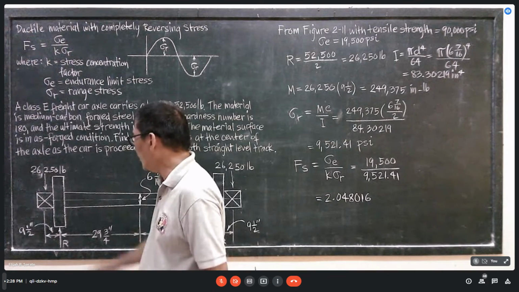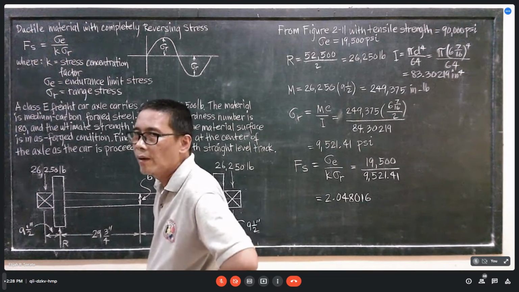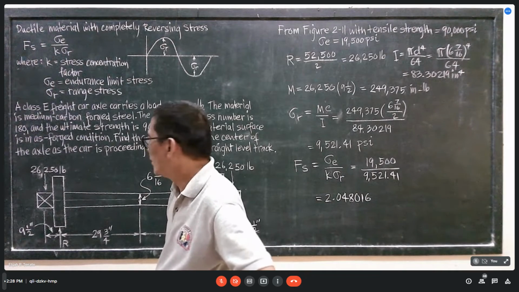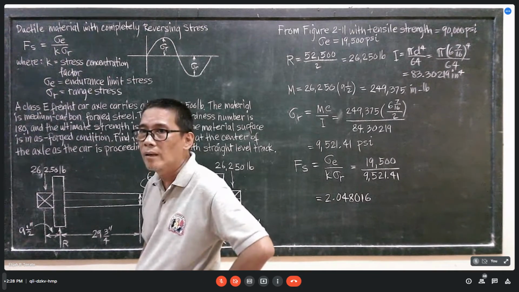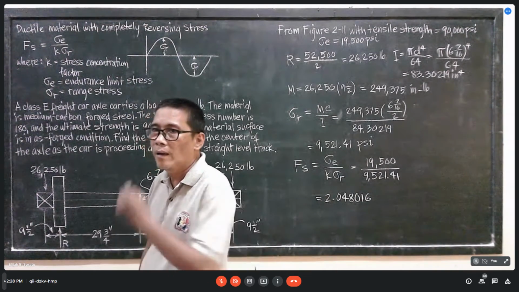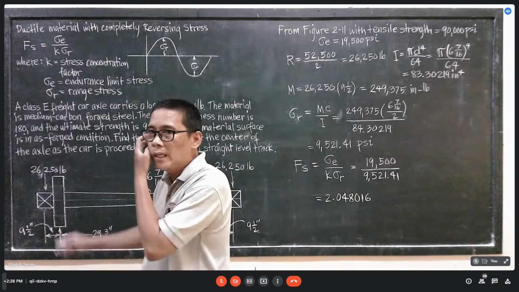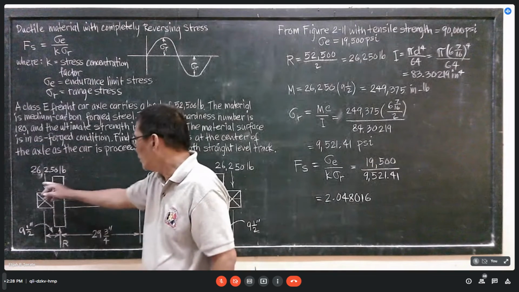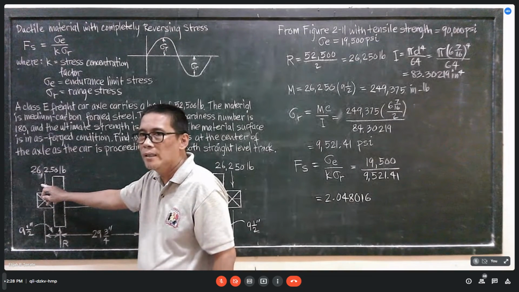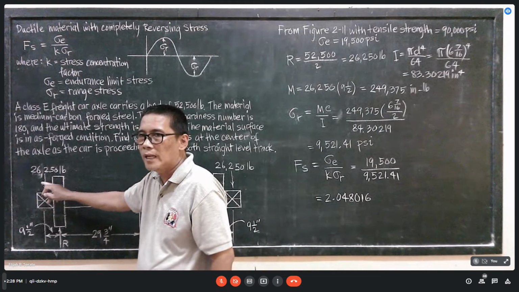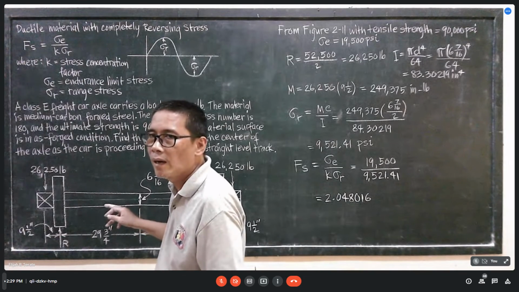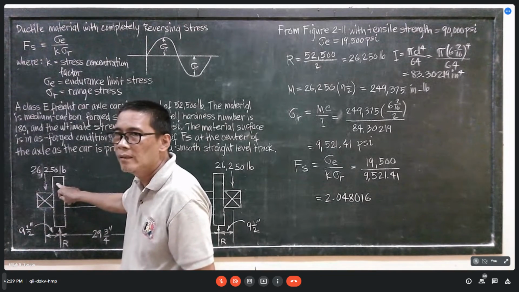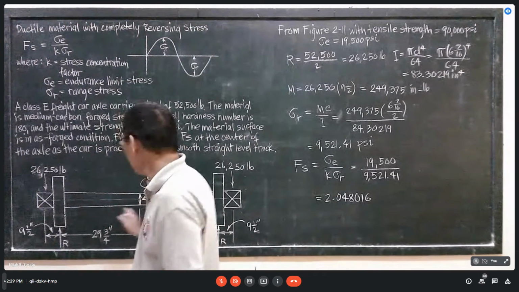What is the moment on the left? How much? 26,000 times 9.5. Where did you get the moment?